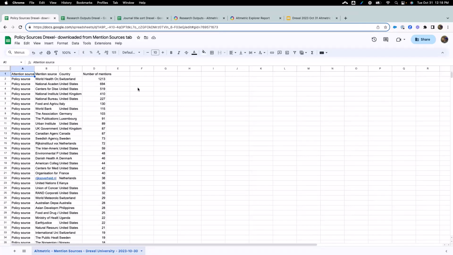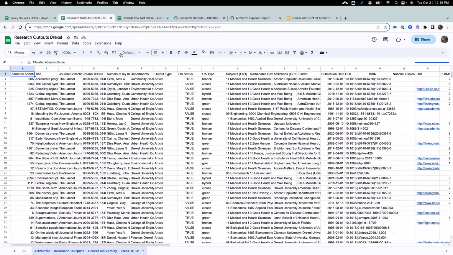So I've taken various different queries that I've done, exported them, and shown you the different types of CSVs that I would get for these.